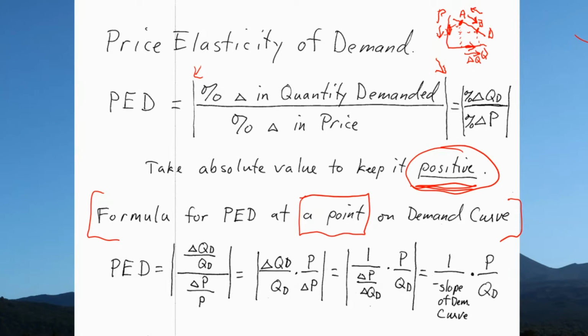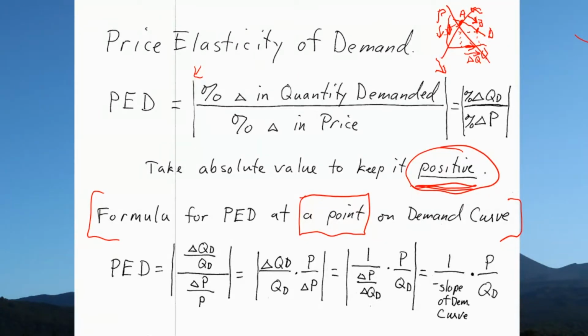Now, I've used the word calculus a couple of times. That might scare people. Don't worry, we're not going to be using or applying calculus. I'm going to give you the result of that calculus exercise, and then you just need to learn how to apply that particular formula to calculate elasticities of demand at a single point. All right, and that's how we solve this problem that I was presenting up here on the upper right.